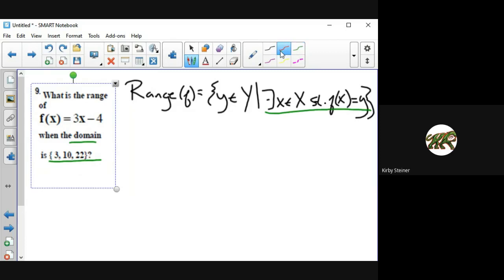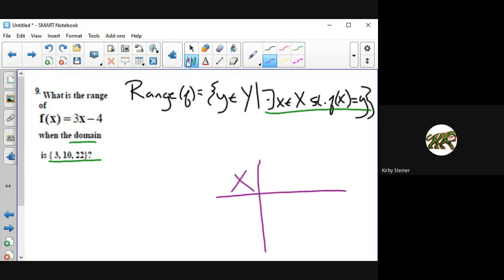All right, so let's say we have a table with x and y equals f of x. Our domain is 3, 10, and 22.